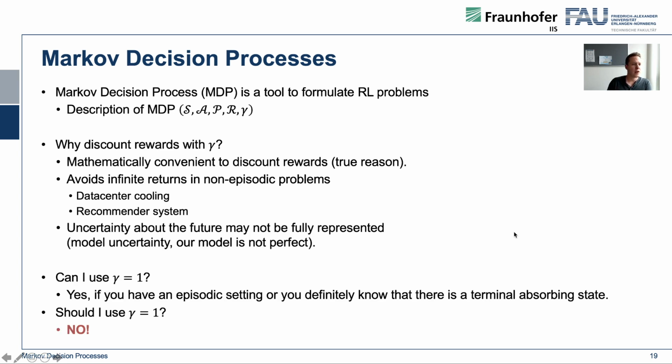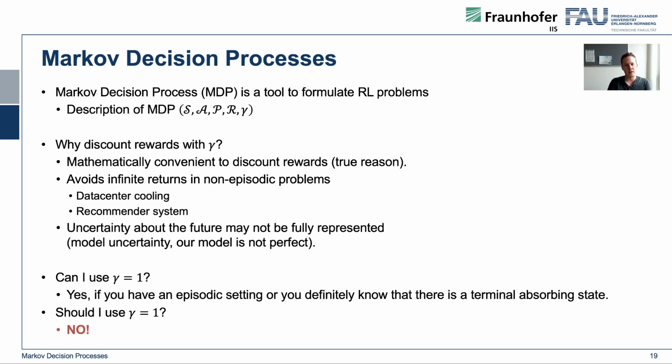So the question now is, why should we in practice discount the rewards by gamma? As I also talked a little bit about in the last session, it's mathematically very convenient to discount the rewards.